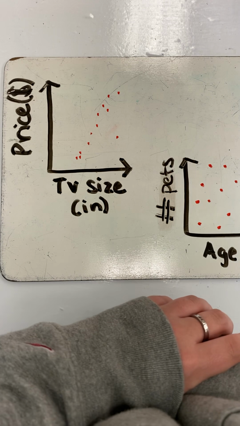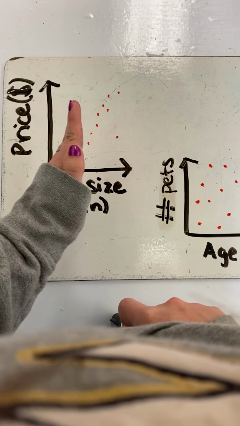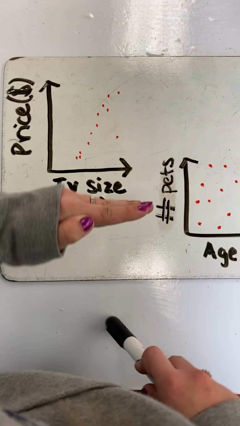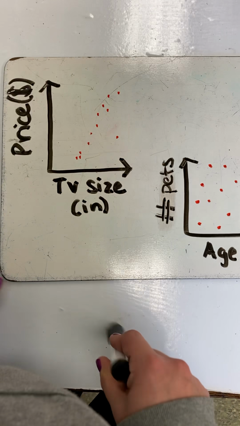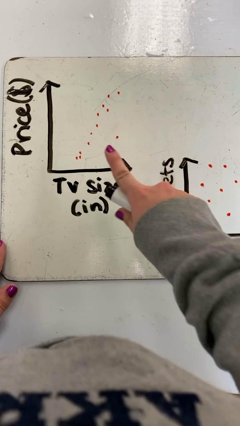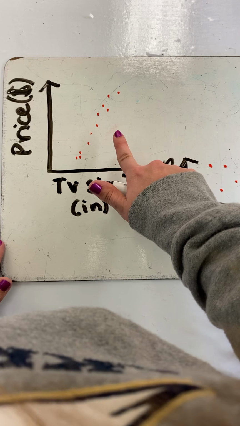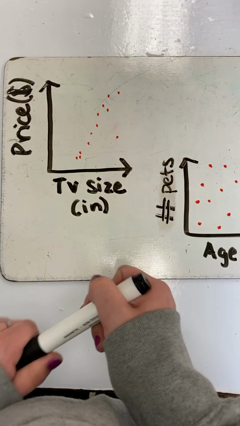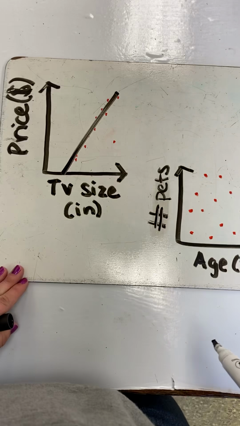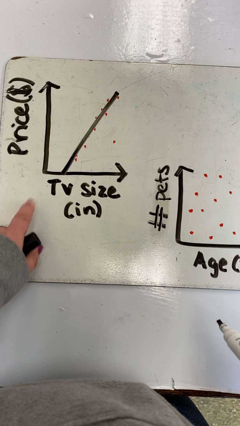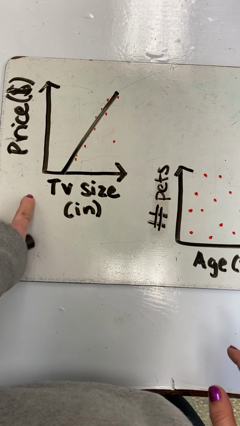The reason I would say positive is because as TV size in inches increases, price also appears to increase. They go in this direction. Plus, it pretty much looks like a straight line, except for this dot right here, which I would consider an outlier. It looks like a pretty straight line, which I will show here. And we will talk about how to make lines like this in the next video.